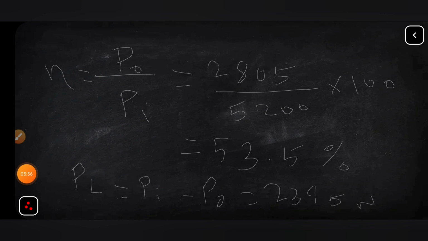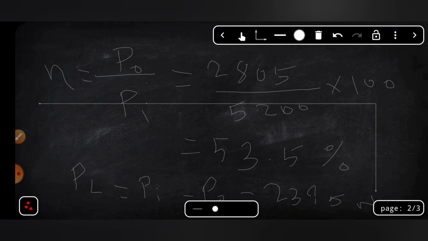Now, if we want to find the amount of energy lost per minute, we have to multiply the power lost by time t, in terms of seconds.